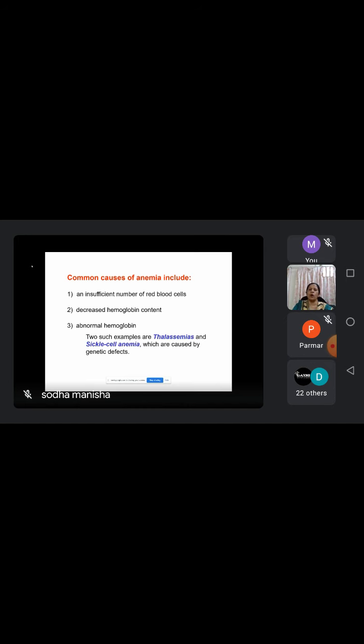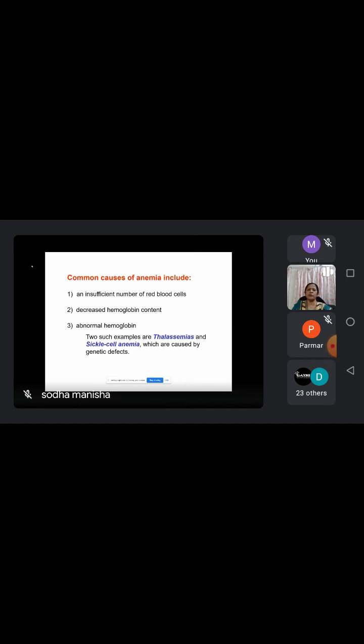Now we'll see the diagnosis of anemia. How can we diagnose that a person is suffering from anemia? One can diagnose anemia by examining the redness of the mucous membrane of the eyelids, tongue or nail.